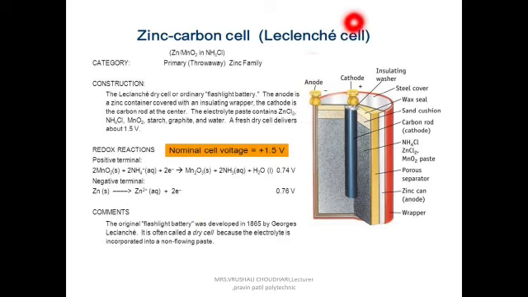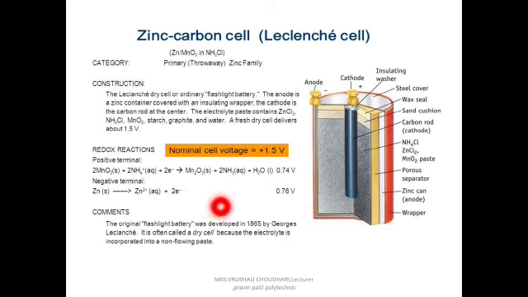They move through the circuit, satisfy the requirement, and again go to the cathode. At the cathode, MnO2 gains those electrons to form Mn2O3 and ammonia is liberated, and during this reaction approximately 1.5 volts is produced.